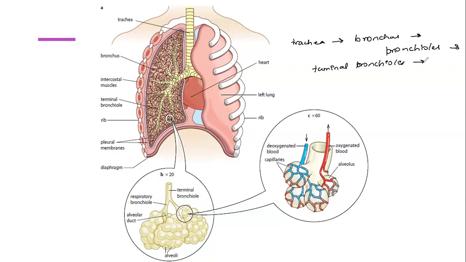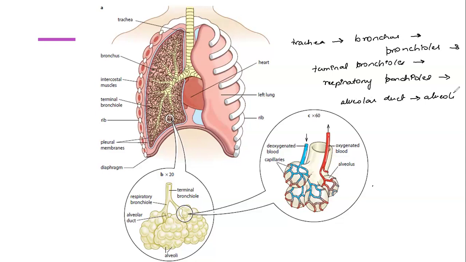Terminal bronchioles will then divide into even smaller branches that we call respiratory bronchioles. And finally, the respiratory bronchioles will divide to give us our alveolar duct, and the alveolar duct will eventually give us our alveoli. Right?